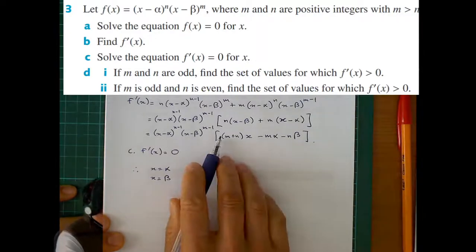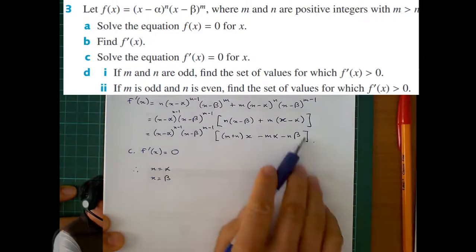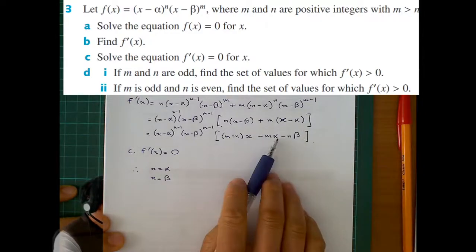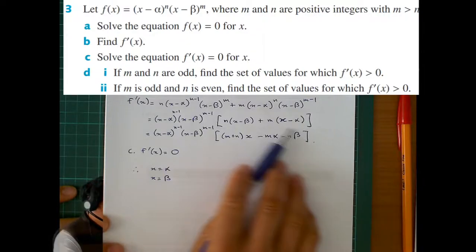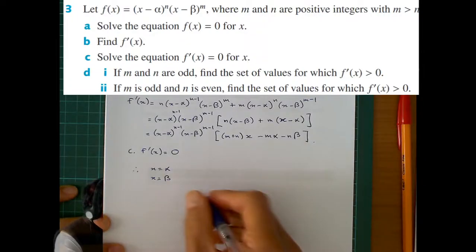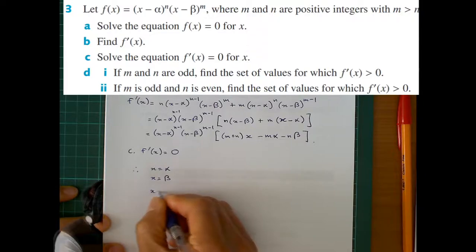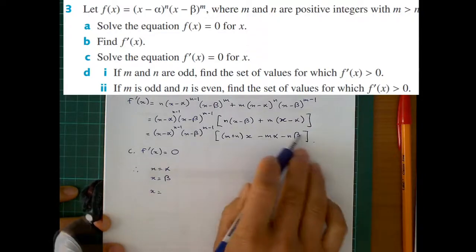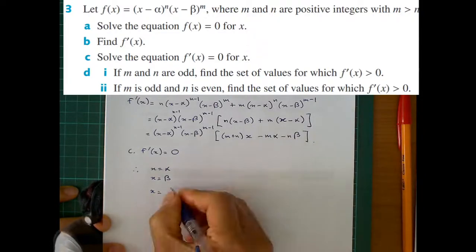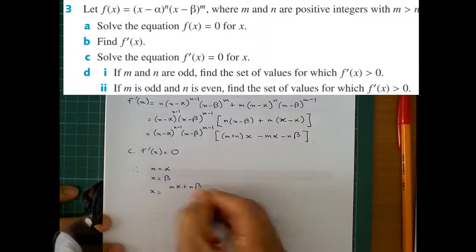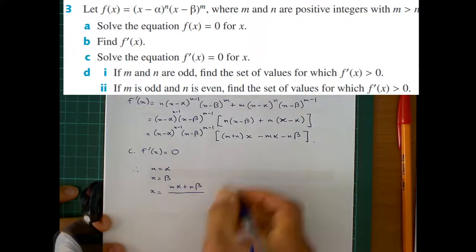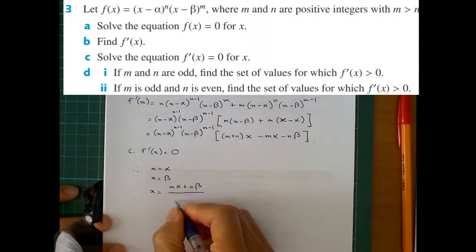And the last one, again, you use the null factor law. It's an expression in x. So m, alpha, n, and beta are just constants or coefficients, so they're not the variable you're after. You make that equal 0, and by making x the subject, that is x equal to the opposite of that. So that's m alpha plus n beta, and it's going to be a fraction because we're going to divide by m plus n.